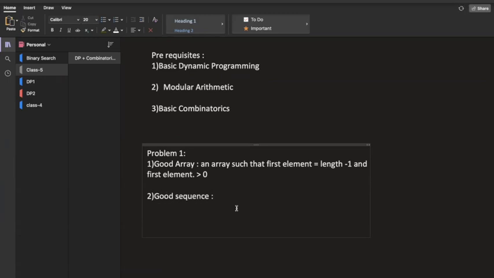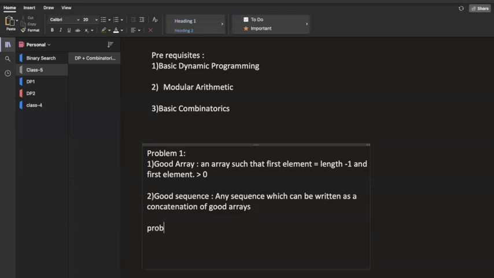A good sequence is nothing but a concatenation of good arrays. Any sequence which can be written as a concatenation of good arrays is a good sequence.